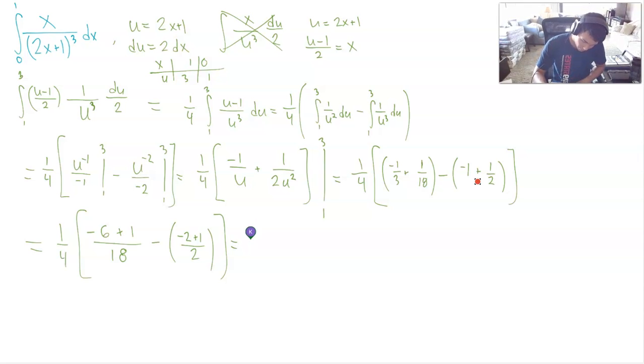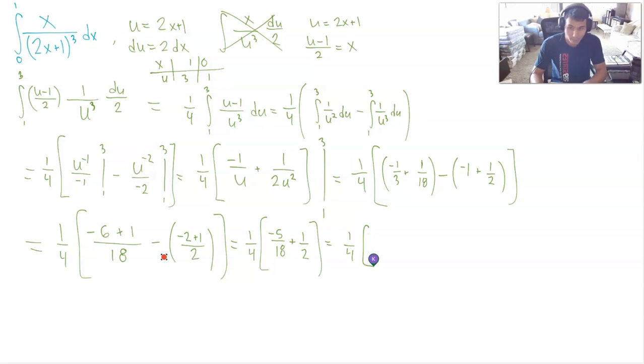So if we do this, we get 1/4. Negative 6 plus 1 is negative 5 over 18. And this is going to be minus negative 1/2. All of this will be negative 1/2 right here. But there's another negative here, so it's going to be plus 1/2. Okay, and now we got 1/4 multiplied by what?